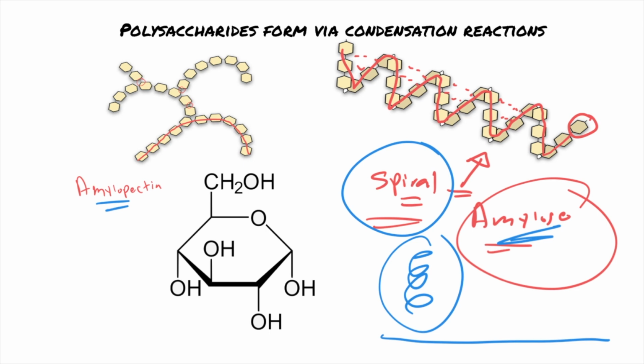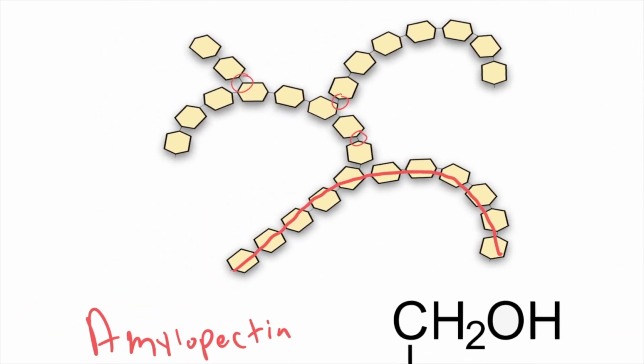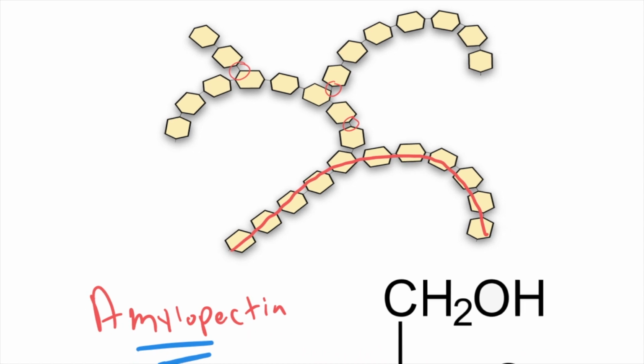What about amylopectin? What's the point of having the branched molecule in amylopectin? The whole point here is because this molecule got to be digested at some point. So the energy is not going to be stored forever. At some point, the energy has to be taken out from this amylopectin.